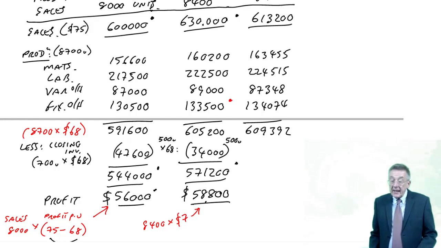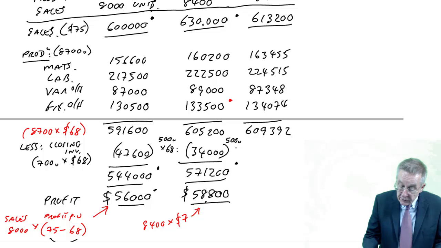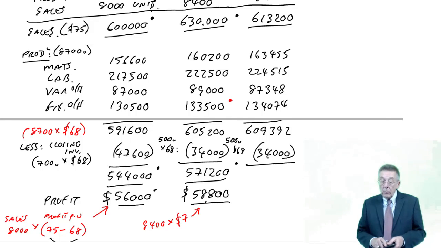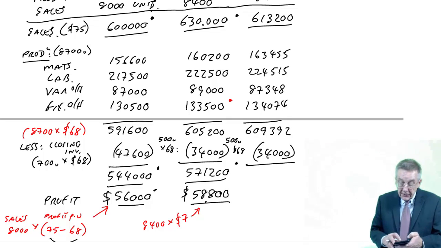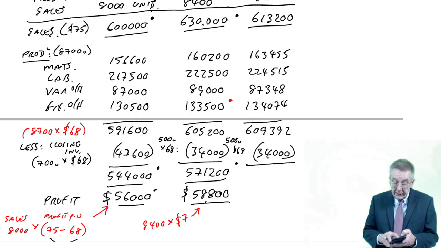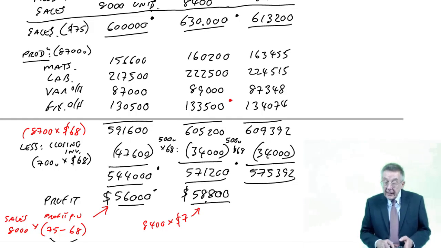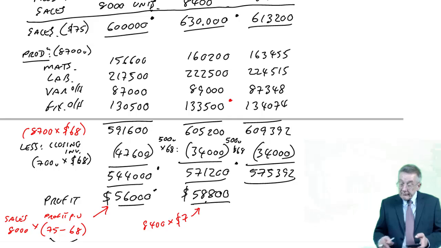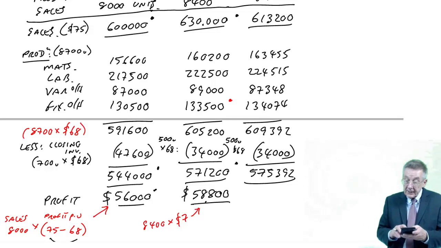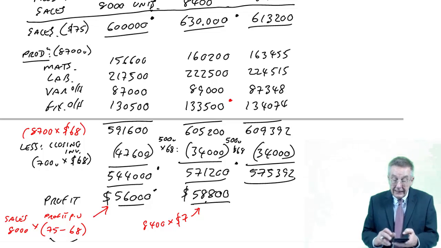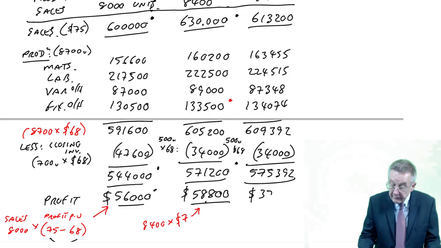I'll explain why in a second, but the standard cost, remember, was 68 a unit, so the inventory will be valued at 34,000, which gives the cost of sales: 609,392 minus 34,000 is 575,392. Subtracting that from the revenue of 613,200 finally gives an actual profit of 37,808.